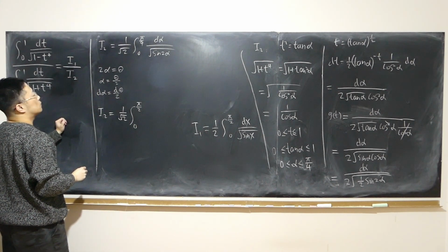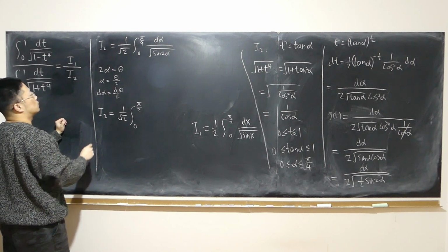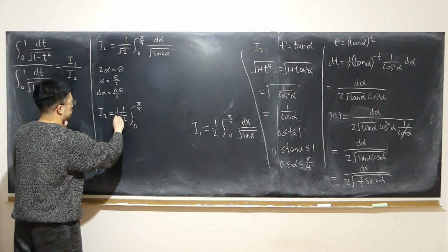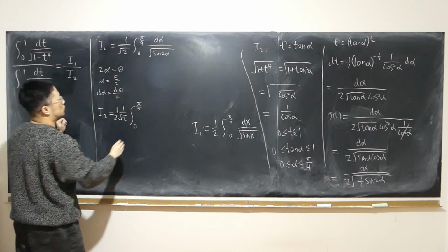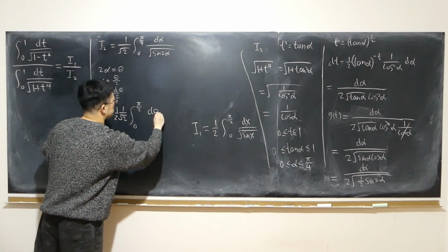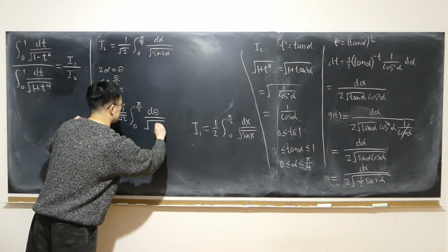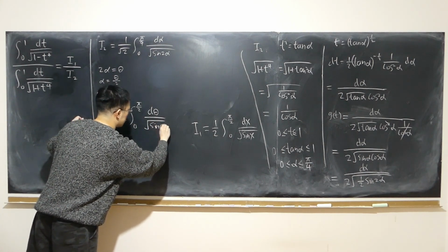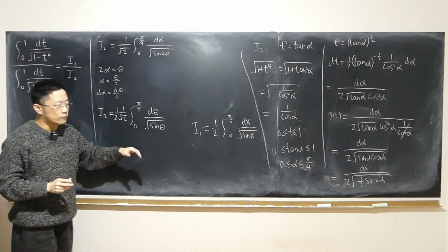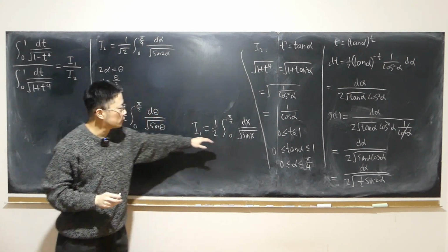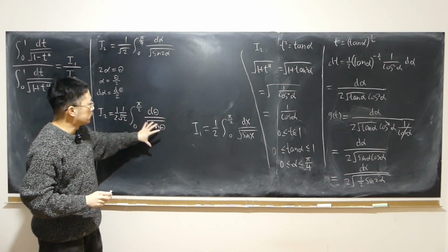d theta, with d alpha being half d theta, so the half is taken out, and also d theta over the square root of sine theta. Right now I have theta, but there I have x, but that is just a dummy variable. There is essentially no difference.